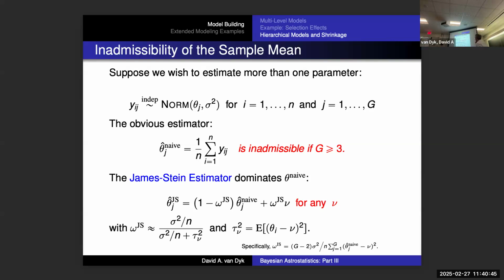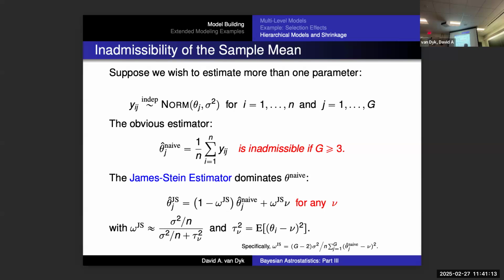It's written down there below. You can think of sigma squared over n as the variability of any one of the estimators. So if the variance is very large, this thing is going to be close to 1. So if I have very noisy estimates of the individual parameters, it's saying downweight them. That seems sensible: if you have noisy estimators, downweight them.